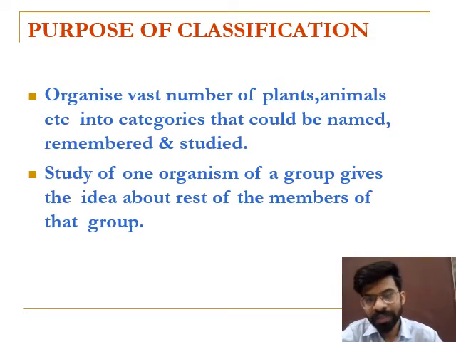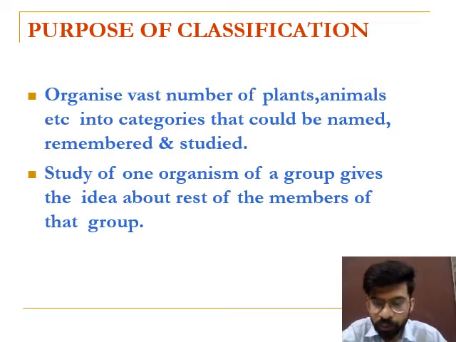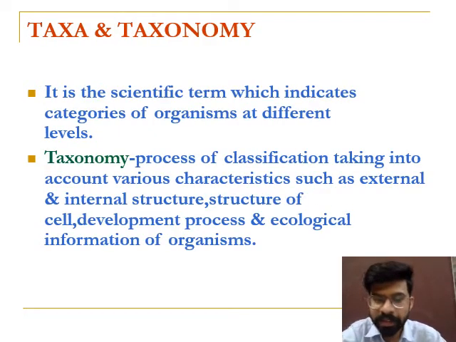We just learn the simple basic character, by which we can classify all the organisms into a single category. So next, study of one organism of a group gives the idea about the rest of the members. Means when we study only a single organism, the characteristics of all the members of the group will easily be understood.